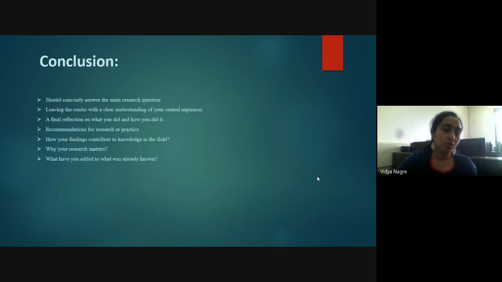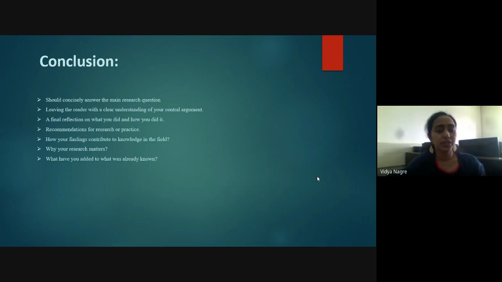This is the major contributor chapter, which tells the researchers exactly what you have contributed to the existing stream of knowledge. It should concisely answer the main research question, leaving the reader with a clear understanding of your central argument. It should be a final reflection on what you did and how you did it.